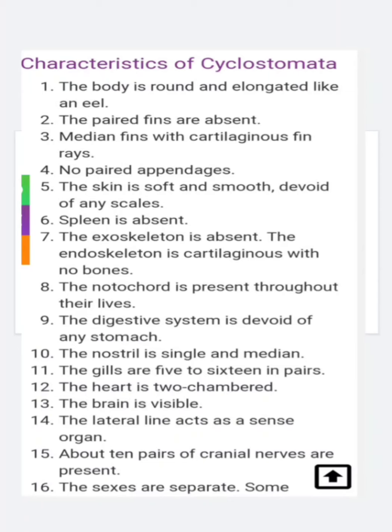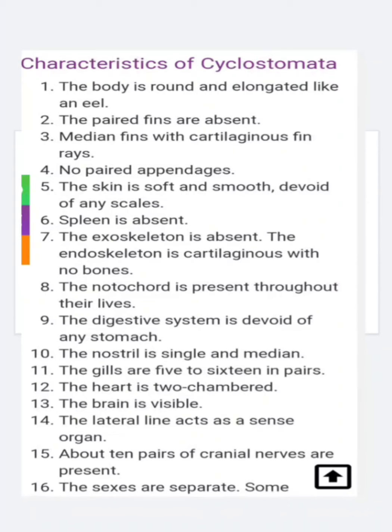The number of gills in these cyclostomes is arranged between 5 to 16 pairs. So 5 to 16 pairs of gills are present in the lateral sacs of the pharynx, the paired gill pouches, and gill slits of 1 to 6 pairs are present.